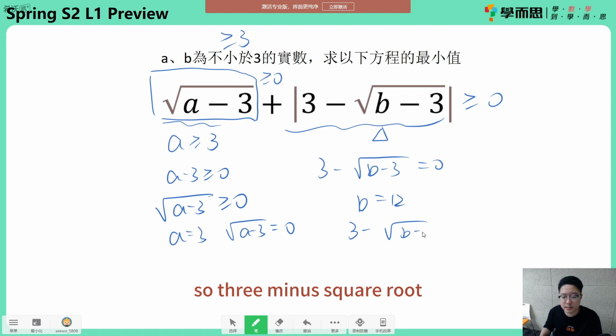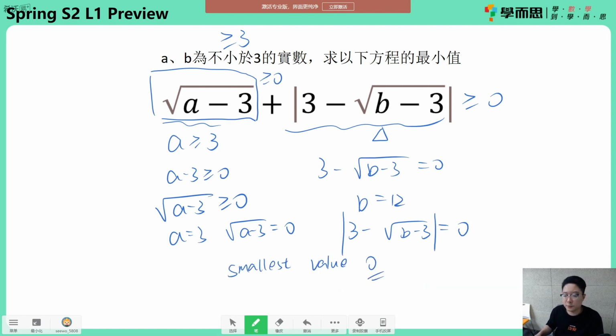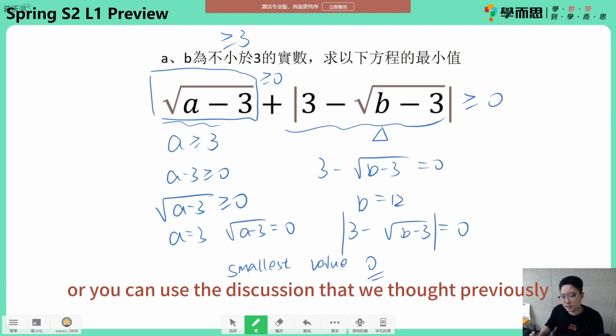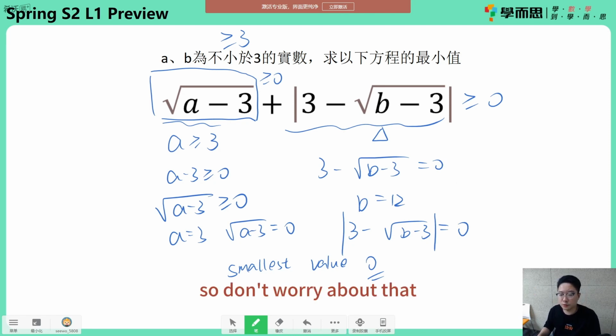Okay? And then absolute value equals 0. So the smallest value is just 0. Very easy, right? Or you can use the discussion that we taught previously, but it's not involved in some inequalities or equations, so don't worry about that.